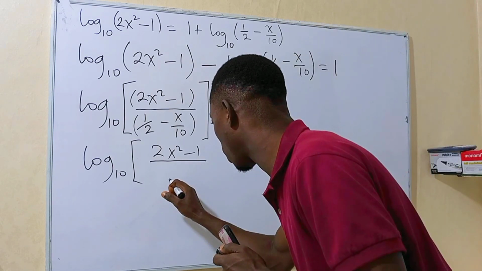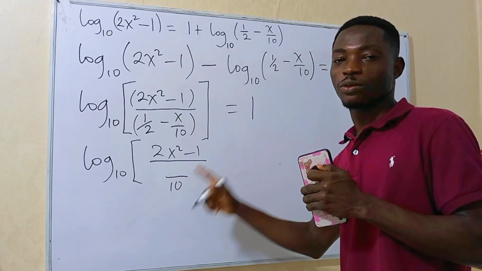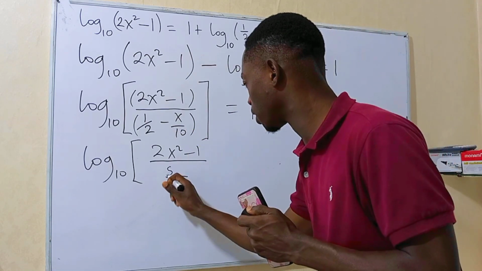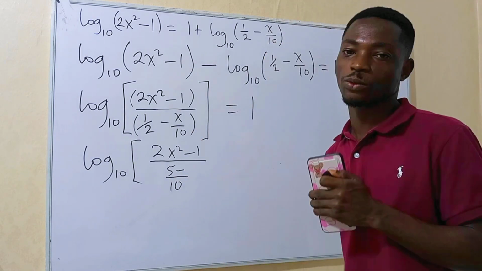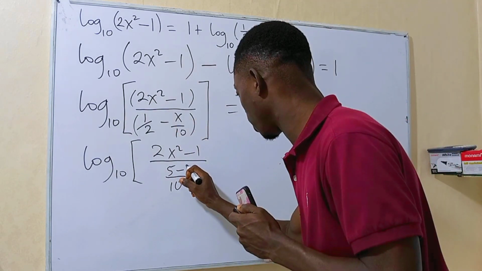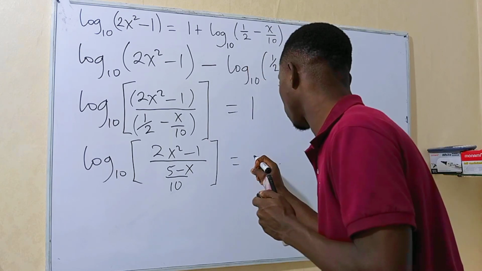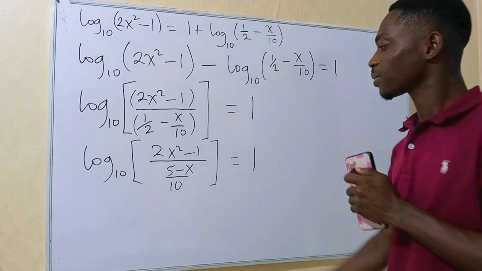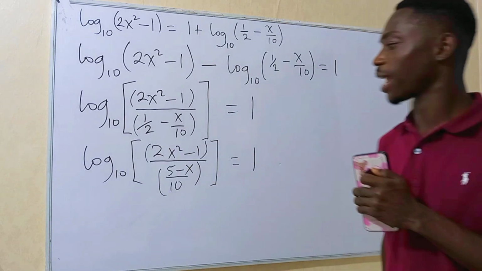From here, the common denominator is just 10. 2 goes into 10 5 times. 5 times 1 is 5, so this is going to be 5. Then minus, 10 goes into itself 1 time, x. That is going to be minus x. And of course, this is equal to 1. Let me put this in parentheses so that it will look nice.